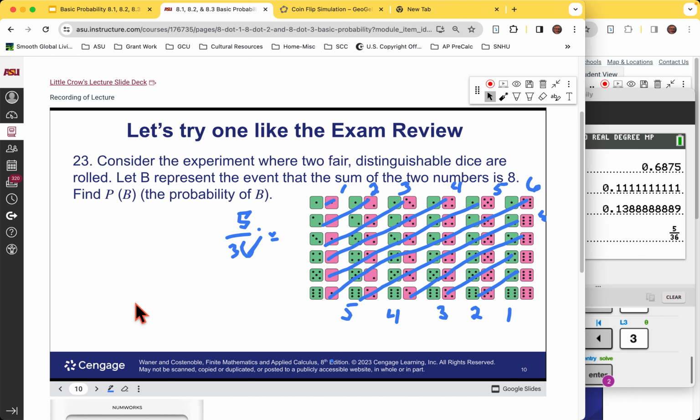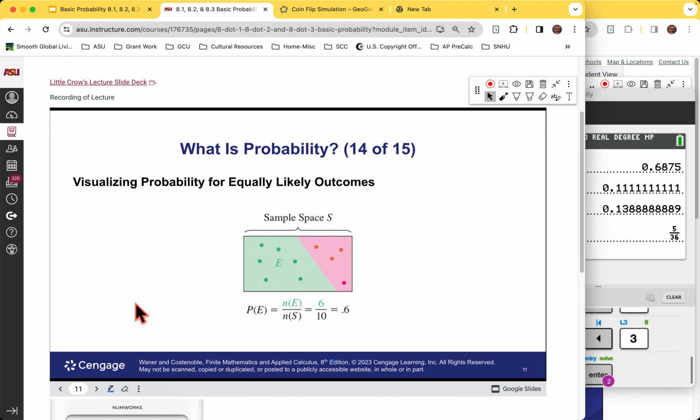We're pretty close. So what is probability? Again, this is just sort of visualizing. We have our sample space. We have things that can happen. The green is sort of one event, whatever it is, coming out green.